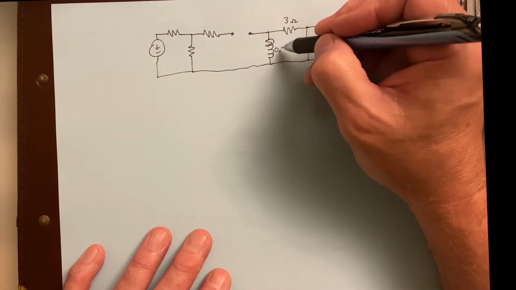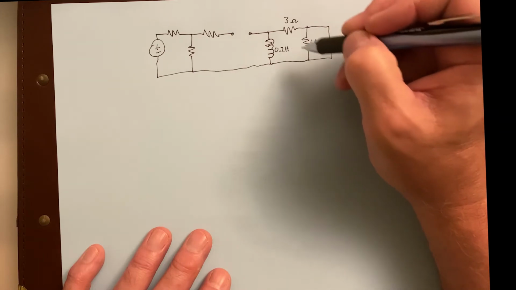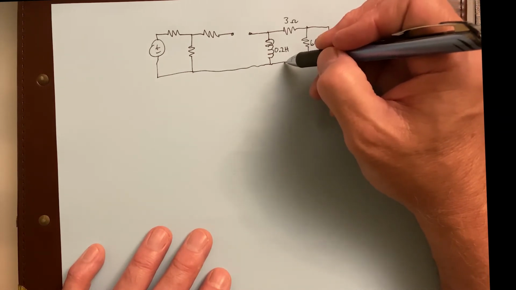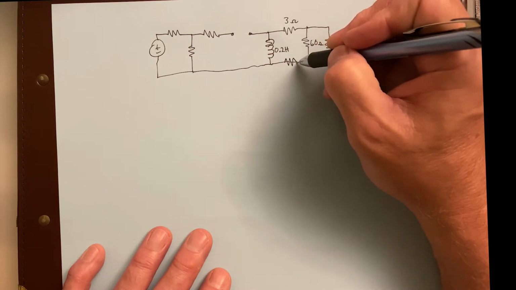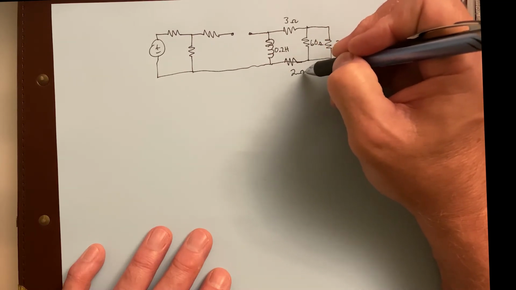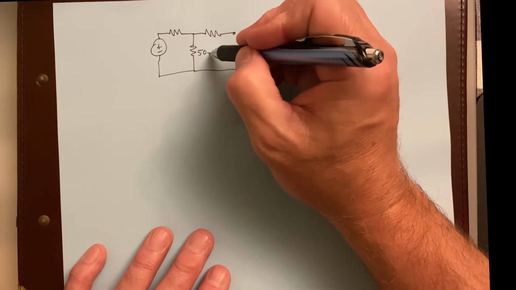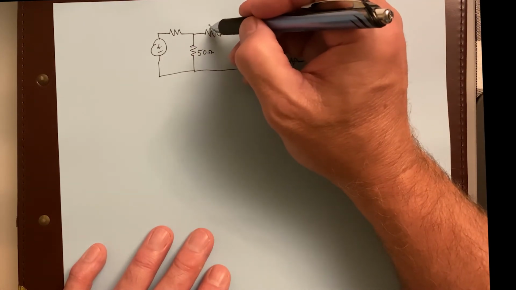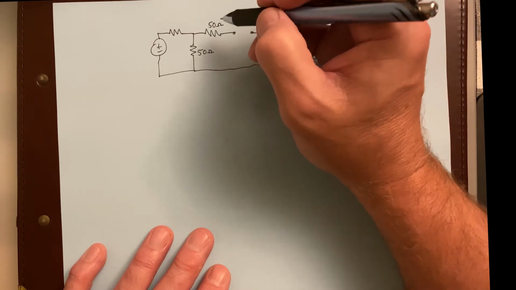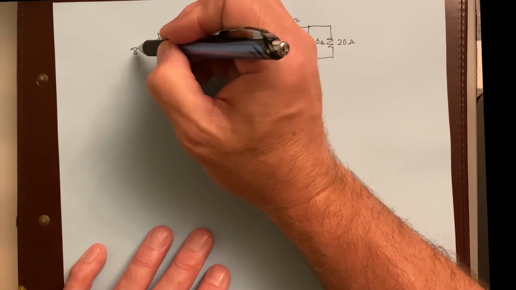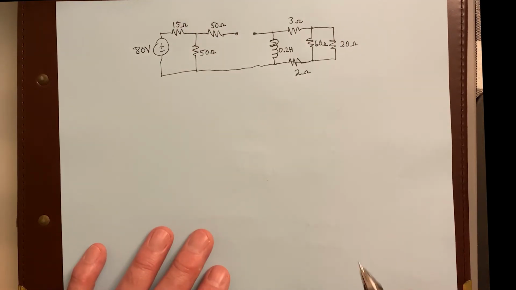This is going to be a 0.2 Henry inductor. Henry is the unit. I notice I left out a resistor. This is a 2 ohm resistor here. 50 ohms here, 50 ohms here, 15 ohms there, and this is an 80 volt source.